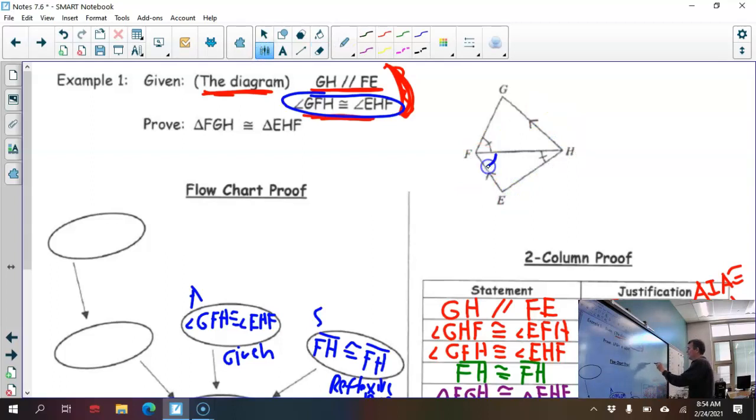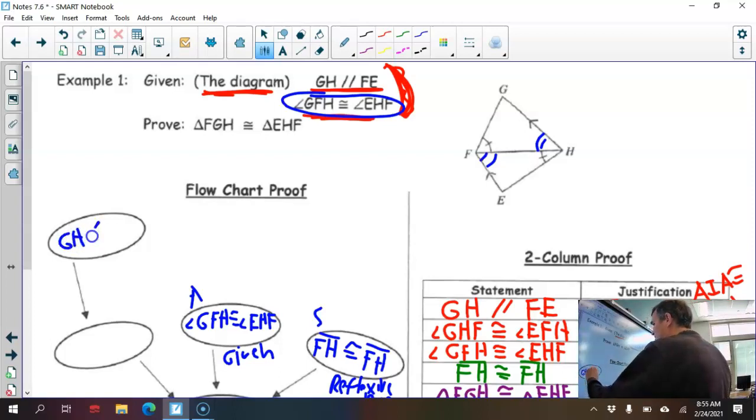Well, it's these ones I got by the parallel lines. I know those two angles are congruent, but it was not marked in the diagram. I can't just say they're congruent. They're congruent because they're between parallel lines, right? So over here, the first thing I need is to say that the lines are parallel to each other. That was given.